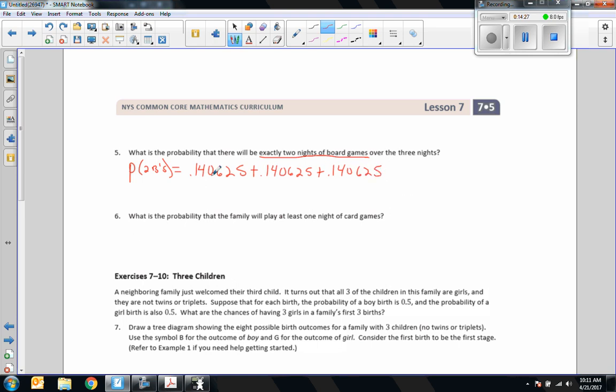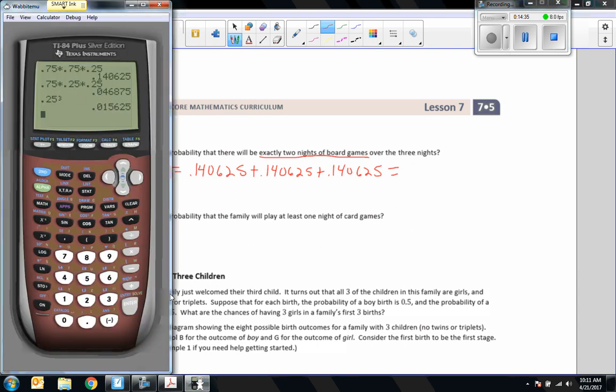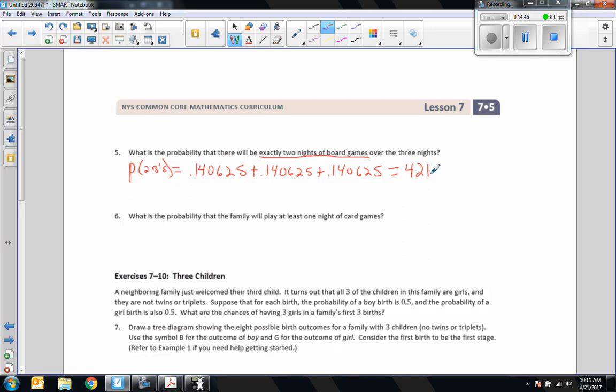Repetitive addition is multiplication, so that's 3 times repeated. So it's 0.140625 times 3. That is the same as adding it 3 times. That's going to give us 0.421875. That is 42%, moving the decimal place.